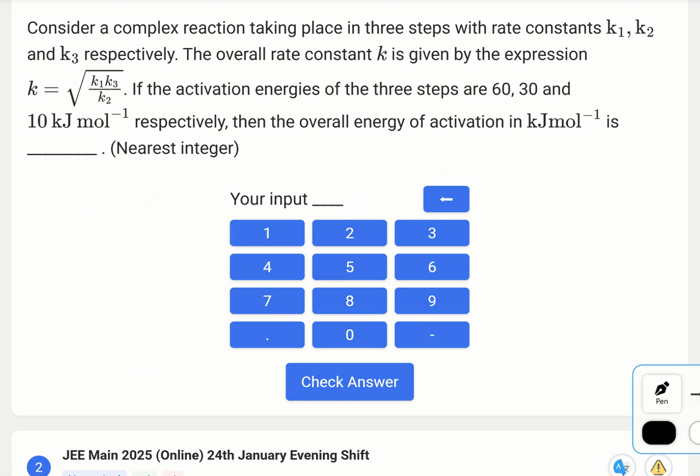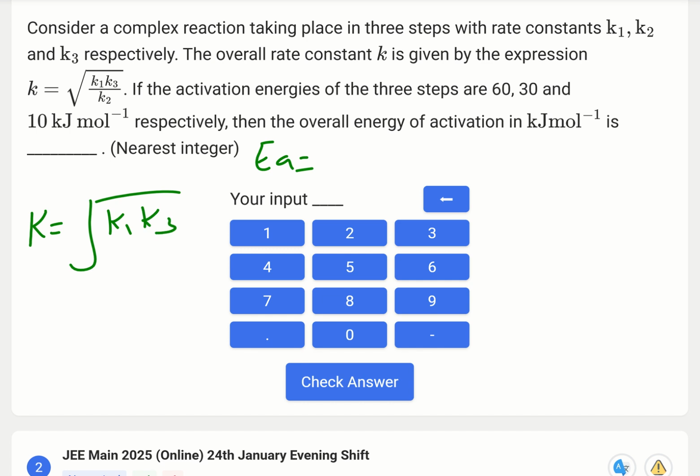If you remember, we have done a formula. K is equal to under root K1 K3 upon K2. So I can write it as K1 raised to power half, K3 raised to power half and K2 raised to power minus half.